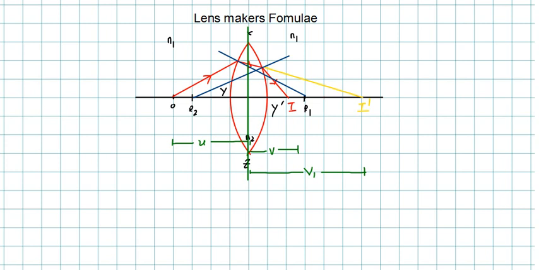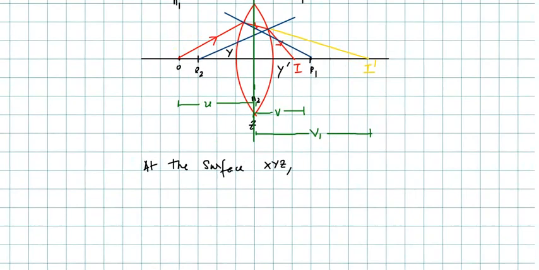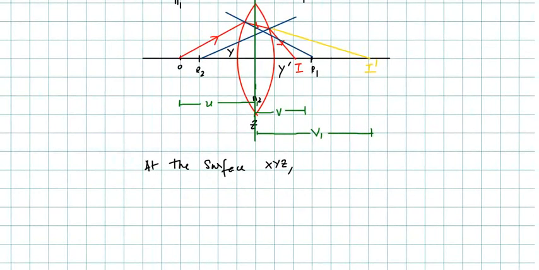Then there are radii of curvature also. This is R1, I have already mentioned it. Let us not clutter it much. So let us derive it. At the surface XYZ, the refraction is taking place.